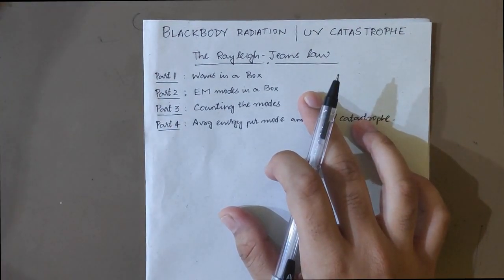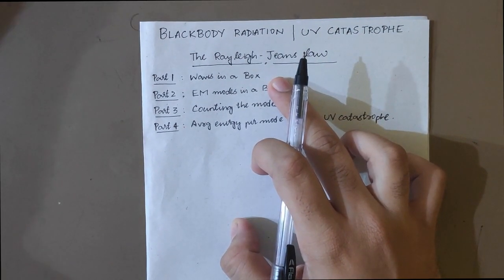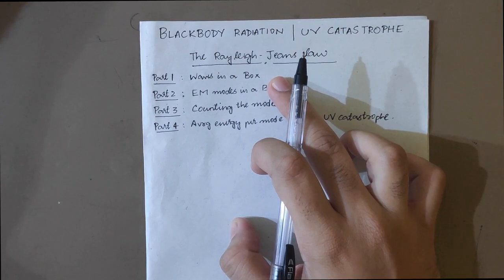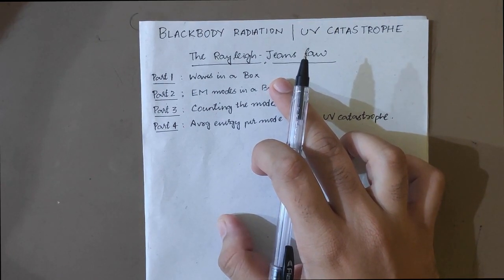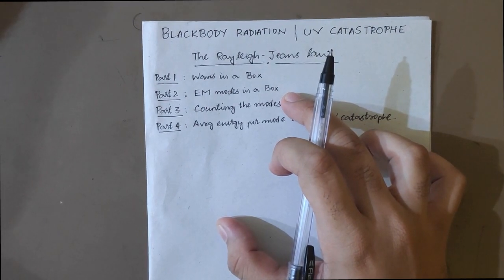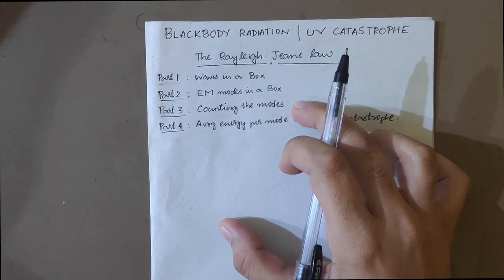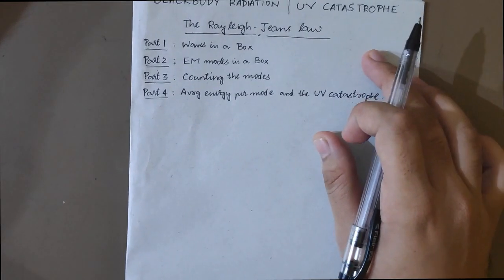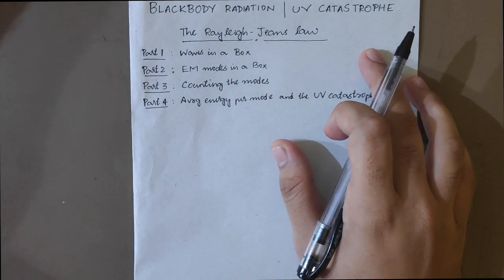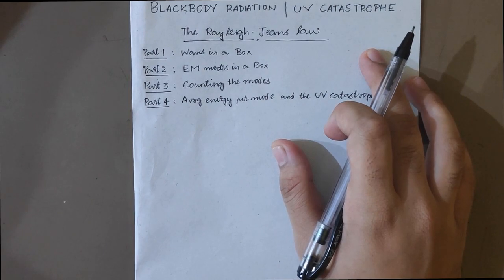Now, this video will have 4 subsections. Part 1 will be a revision on waves in a box. Then we will consider the electromagnetic modes in a box and eventually work out what the energy of each mode is in thermal equilibrium at, say, temperature T. Then in part 3 we'll find how many modes are distributed in a frequency bandwidth of d mu.